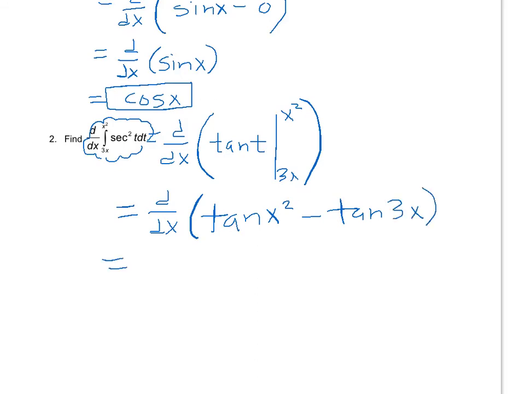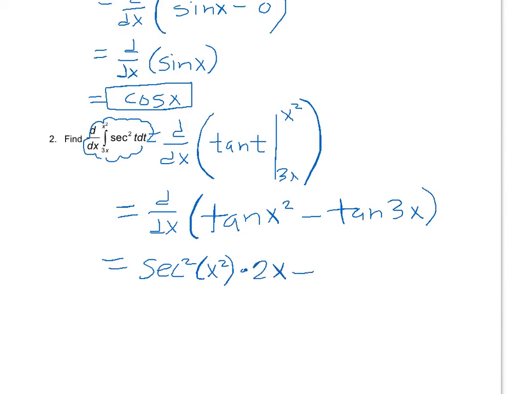All right, now if we take the derivative of this, it is separated by a minus sign, so we can go ahead and do the sum and difference. The derivative of tangent of x squared: the derivative of tangent is secant squared of the argument, but now here's the chain rule, times the derivative of the argument.